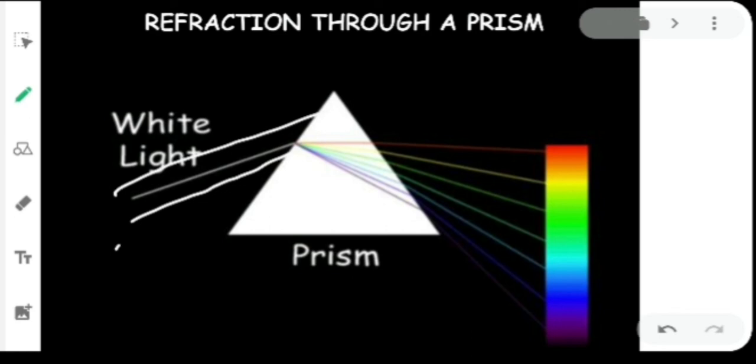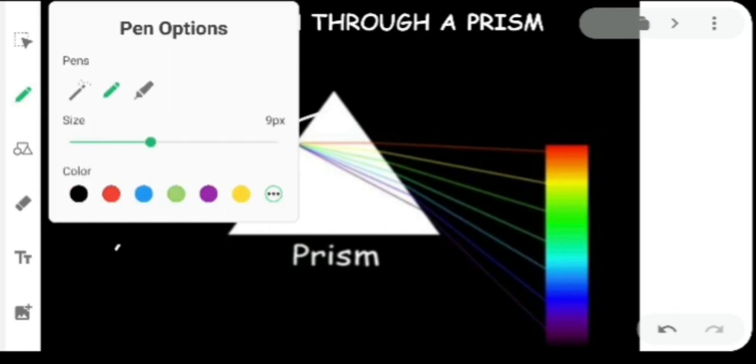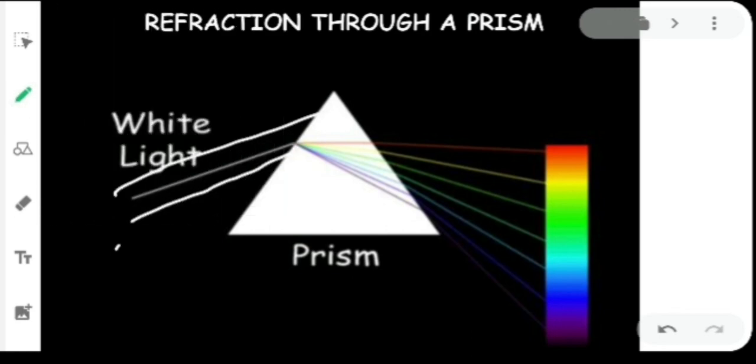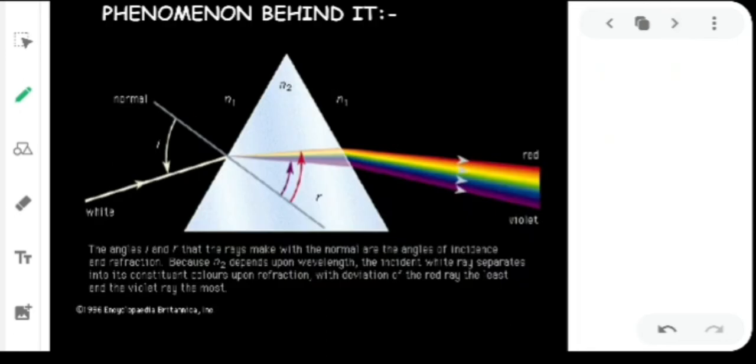We call them VIBGYOR: violet, indigo, blue, green, yellow, orange, and then red. This is the band that we get when the light rays get refracted from the prism itself. So what is the phenomenon behind it?